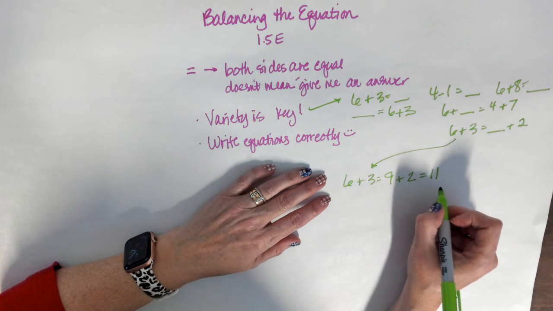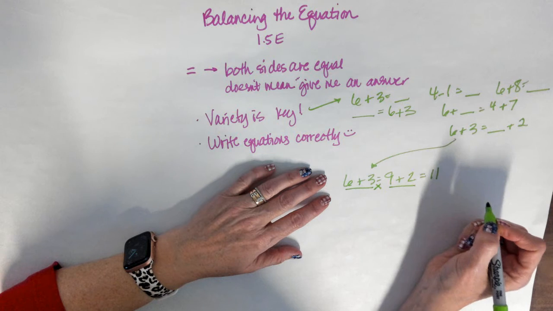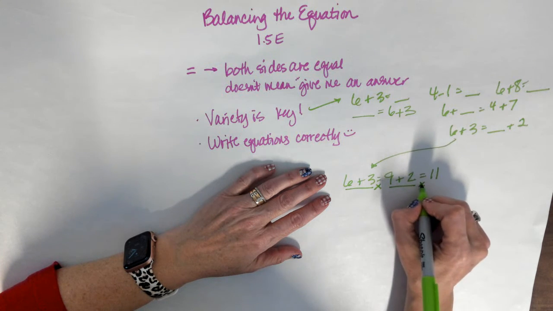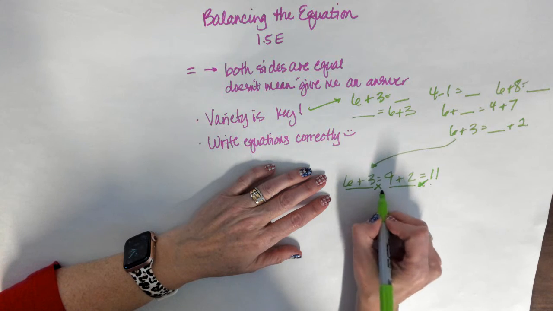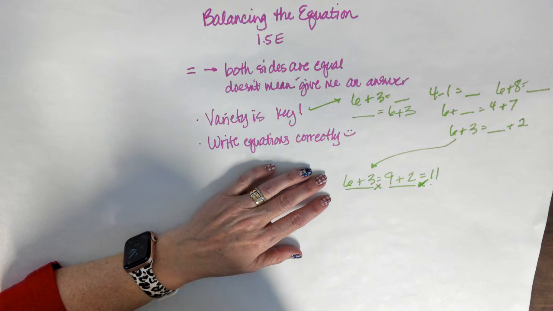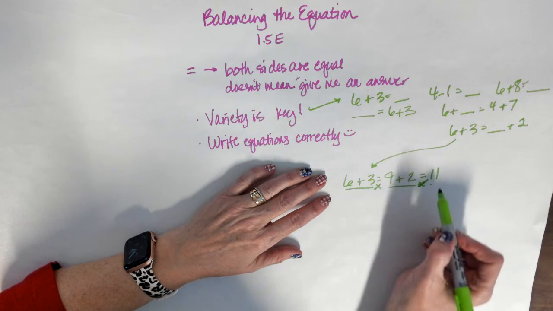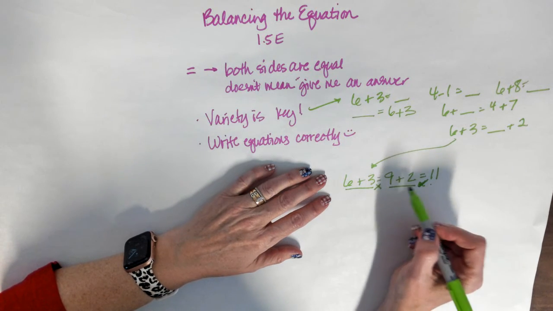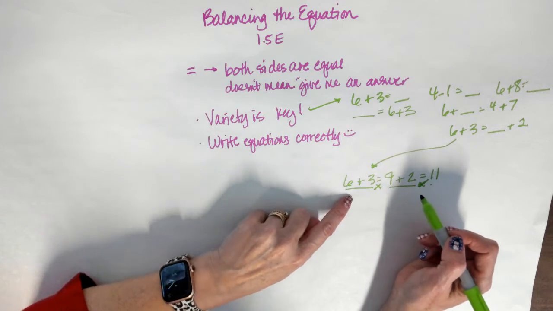This isn't a true string, because 6 plus 3 does not equal 11. Even though this part is true, this is not a true statement. We tend to do that as adults because we're adding in chunks. When kids see this, then we've confused them about this understanding that both sides of the equal sign are true.